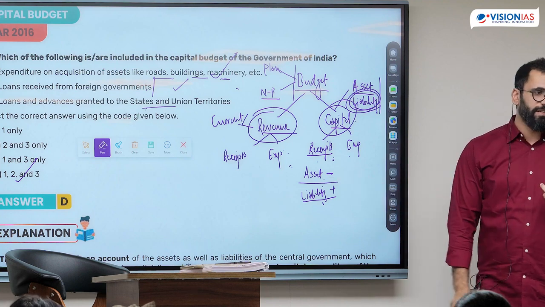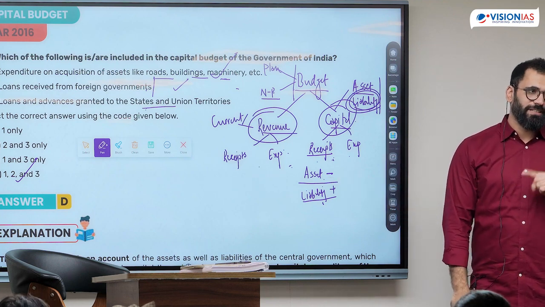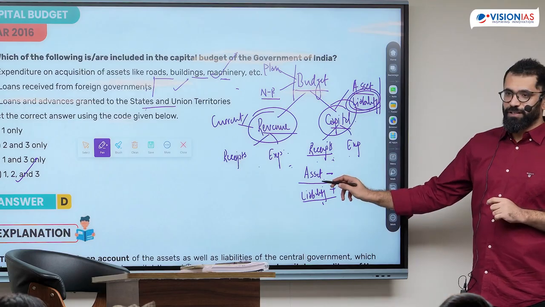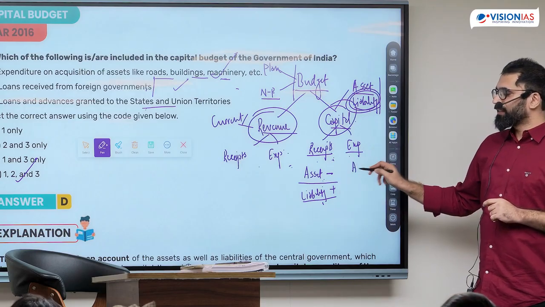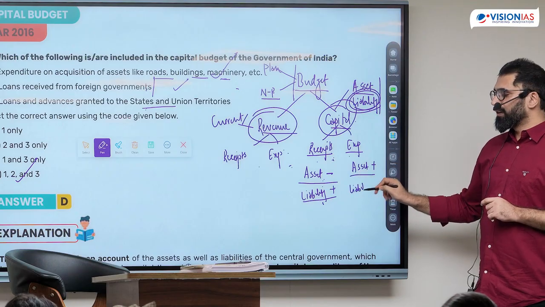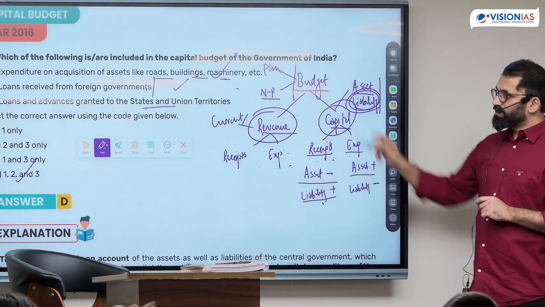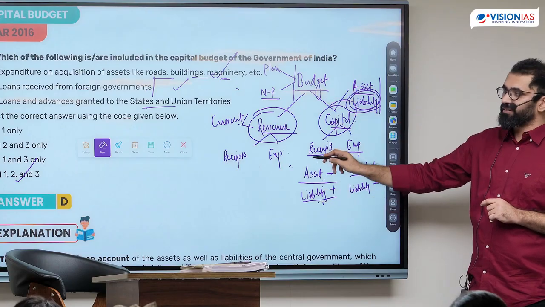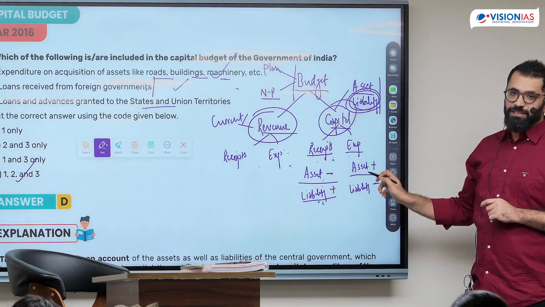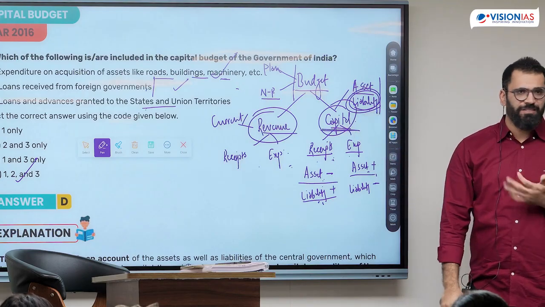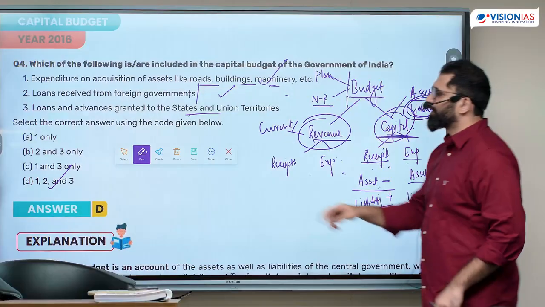What is it called? Disinvestment. Selling the asset completely is 100% strategic sale, otherwise disinvestment. Expenditure would be that my asset has been added or my liability has been reduced. The first is asset addition, the next is liability addition, receipt, and the third is asset creation, loan. All of them are part of capital. Classification is mostly what they have asked, capital, revenue.